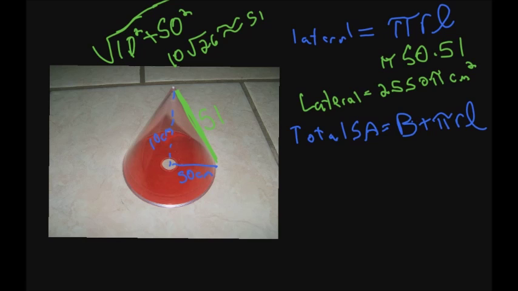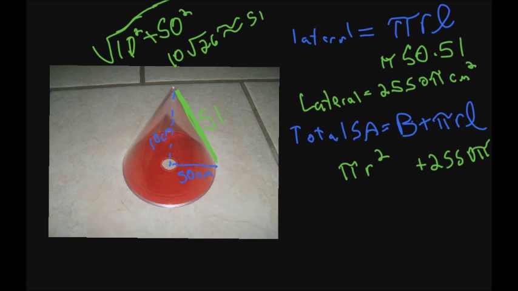If you need to go one more step, you could do 2550 times 3.14. Alright, for total, we're just going to add in the area of the base. We know the lateral is 2,550 pi, plus the area of our base. Area of a circle is pi r squared, so we're going to do radius squared, which is 50 squared, to get 2,500 pi.